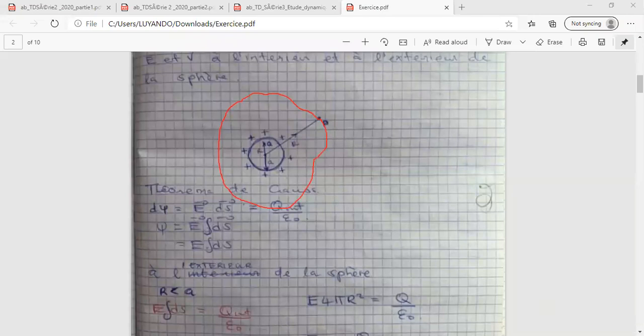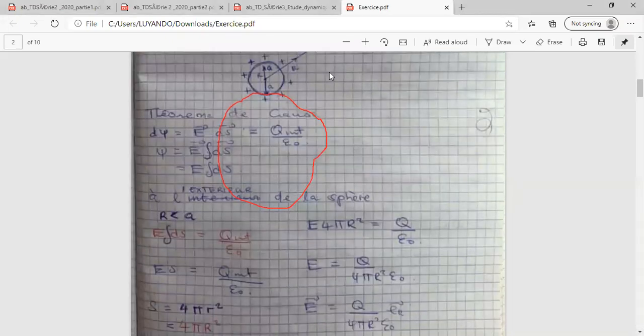After we establish the Gaussian surface, we calculate the field and the potential in the exterior. Our r is less than A. No, in the exterior, sorry. In the exterior, our r is supposed to be greater than A.